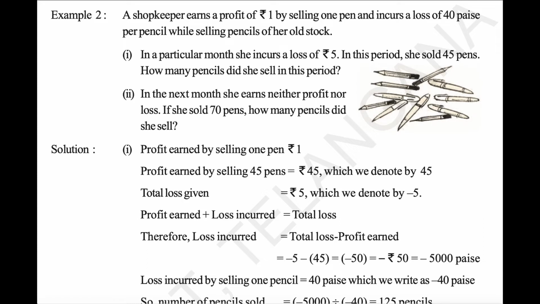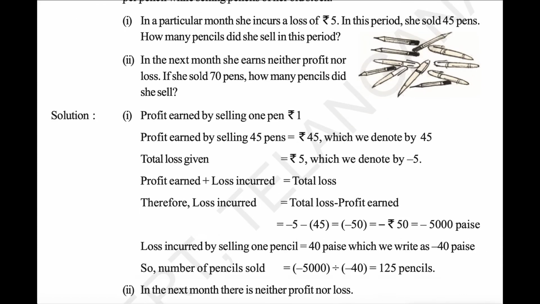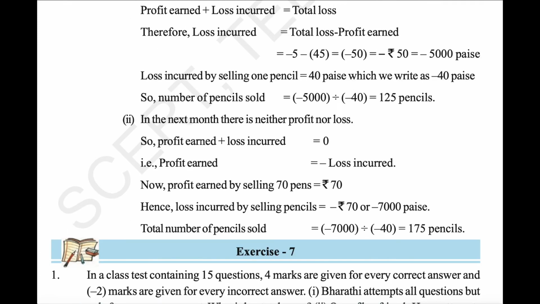If 50 rupees is the total loss incurred by selling the pencils, then the number of pencils he might have sold is nothing but 50 upon 40 paise, that is 0.4. So 500 into 500 by 4, nothing but 25 into 5, 125. 125 pencils she sold. Okay, alright.